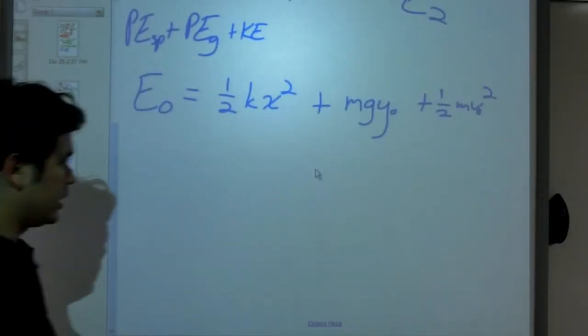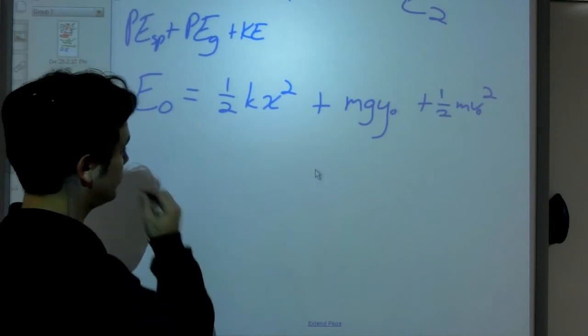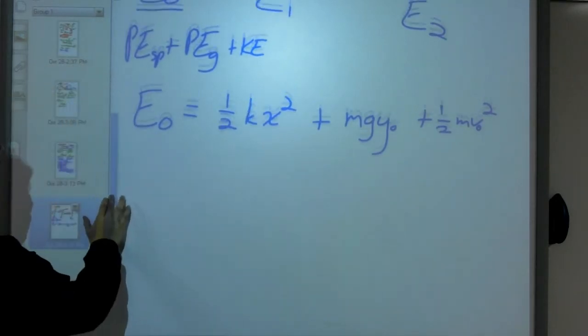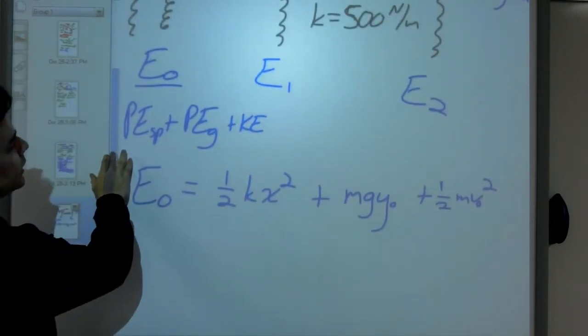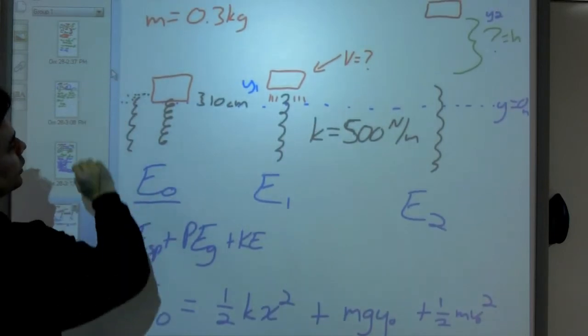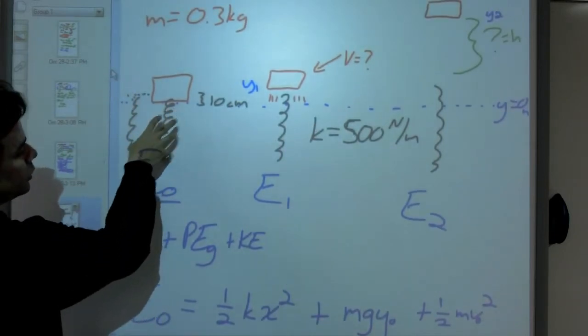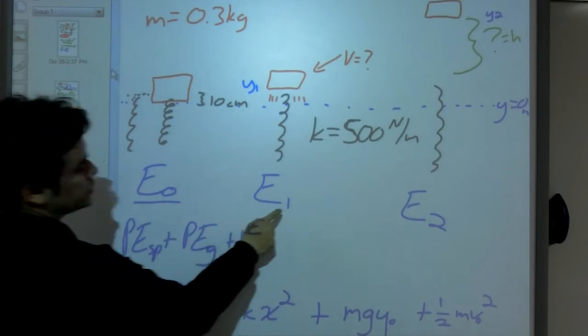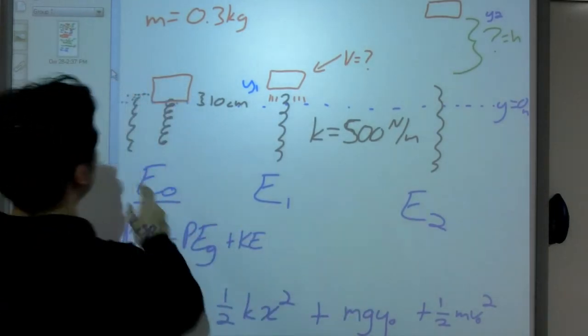Okay, so we had a bit of technical difficulty there, but picking up more or less where we left off. I've got the situation where I've got 3 different locations, an initial position here, 0, 1, and 2.